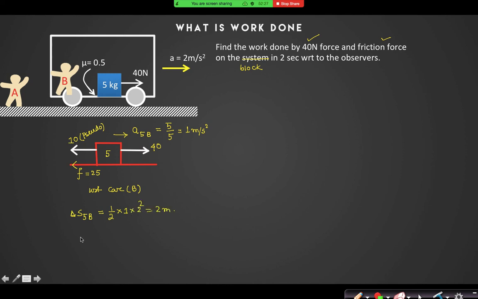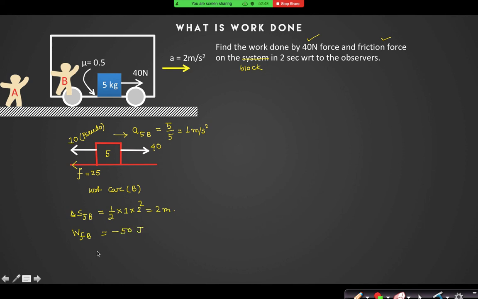So what is the work done by the friction force with respect to B? Minus 25 into 2, so that is minus 50 joules. Have you got this?